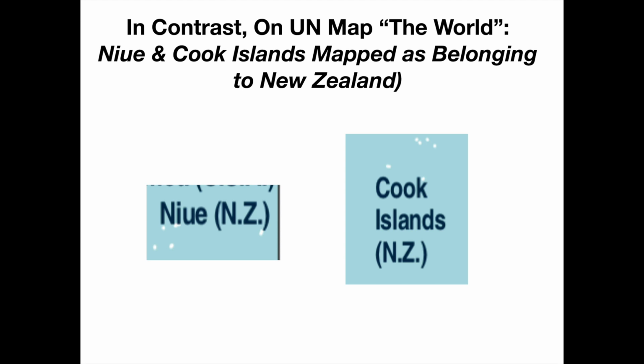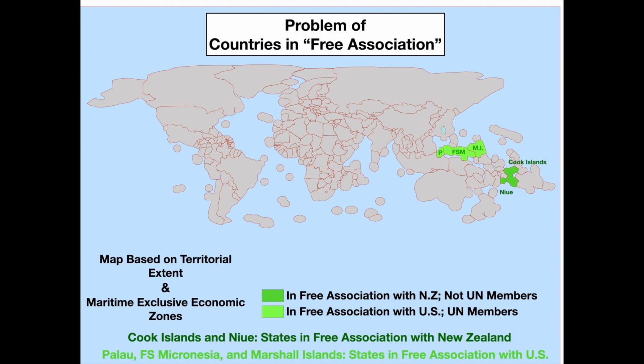There's a very interesting phenomenon here, which is the phenomenon of what we could call free association. And there are only two countries that have other states in free association, United States and New Zealand. And the United States has three countries in free association: Marshall Islands, Federated States of Micronesia, and Palau, shown here in light green. And New Zealand has two, Niue and Cook Islands.